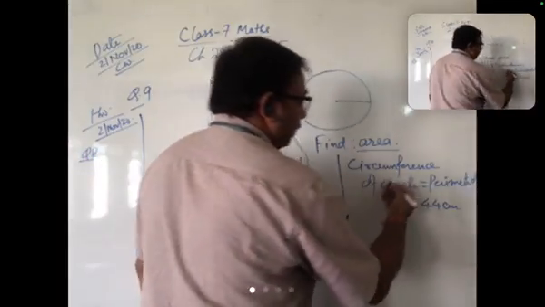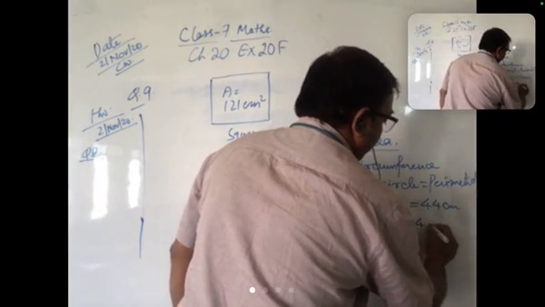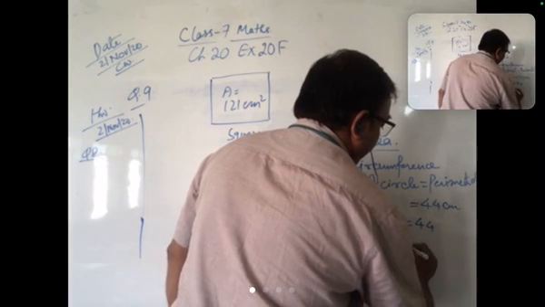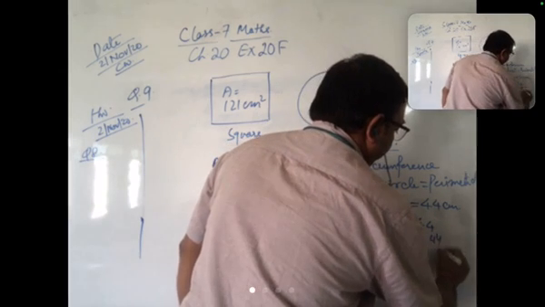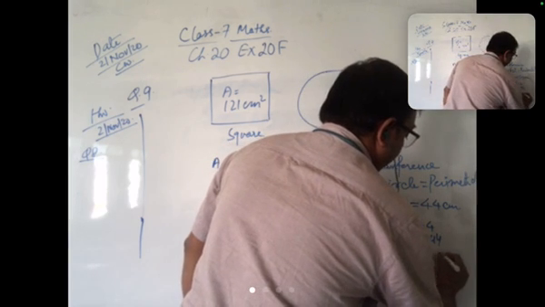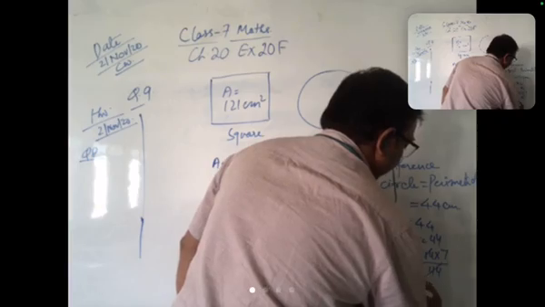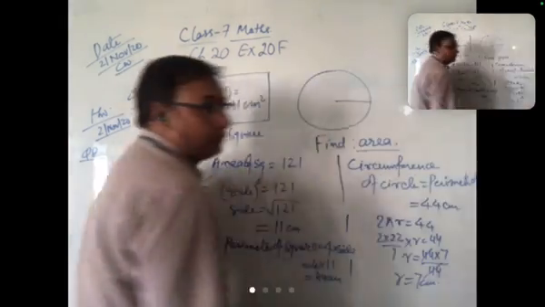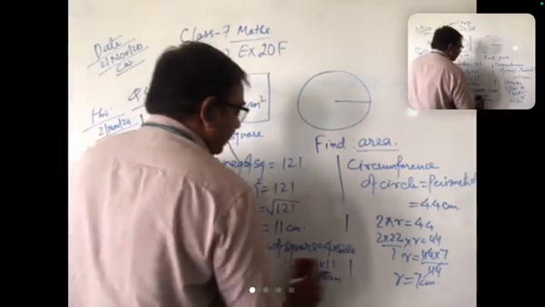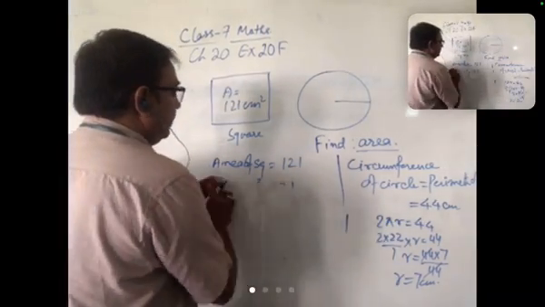So we know the formula of circumference is 2 pi r is equal to 44. So it means that 2 multiplied by 22 upon 7 into r is equal to 44. So r is equal to 44 times 7 upon 44. So the radius is equal to 7 centimeter. Now we have to find the area of the circle.